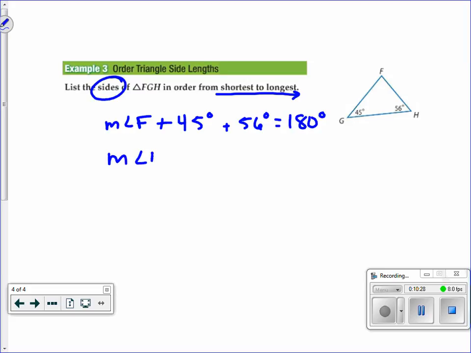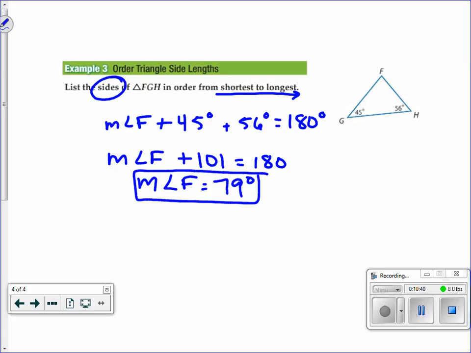And we're going to solve for the measure of angle F. And when you subtract 101, you get the measure of angle F is equal to 79 degrees. Now that's not our answer, but we do need that to help us out.